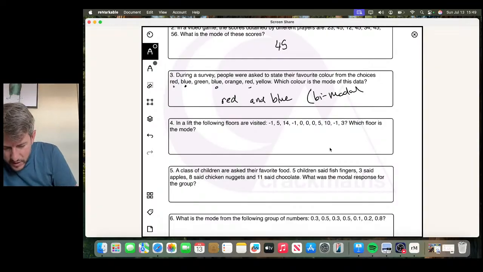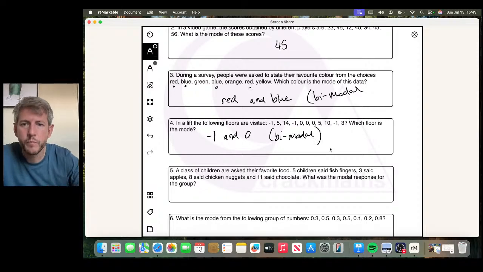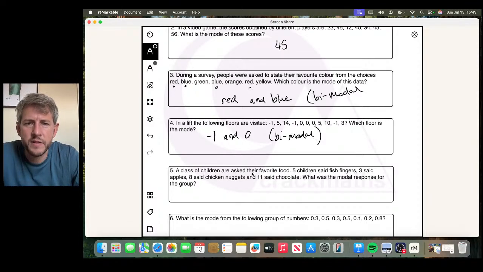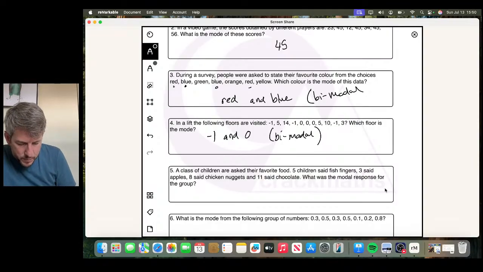So there's 2 modes, and the mode is -1 and 0, and we'll just make a comment to say that's bimodal.